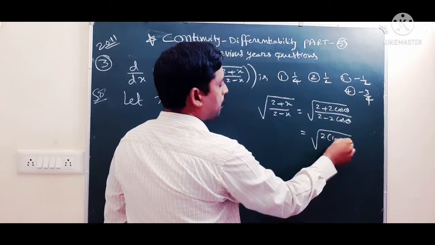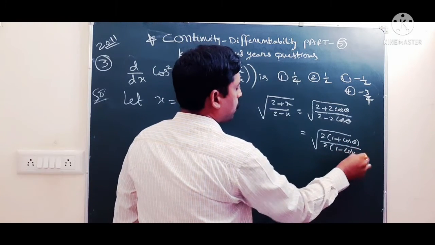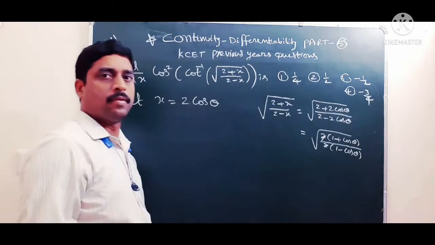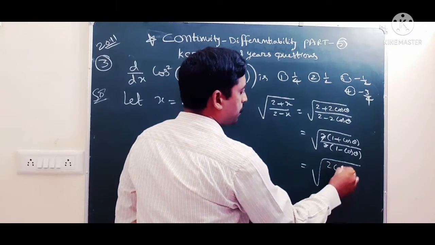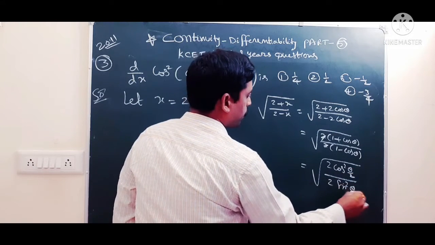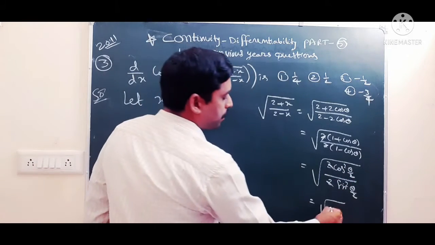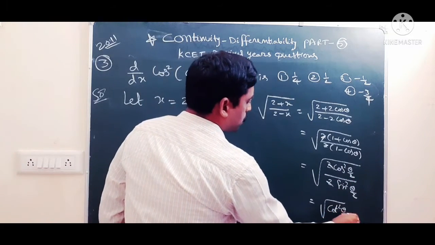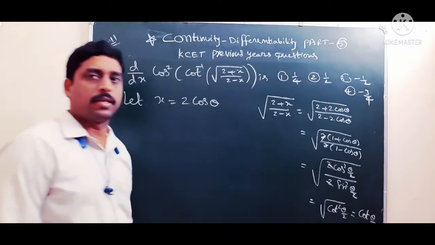Take 2 out common: 1 plus cos theta by 1 minus cos theta. The 2s get cancelled. We have the 1 plus cos theta formula, 2 cos square theta by 2, and in the denominator, 2 sin square theta by 2. So this will be root of cot square theta by 2, which is nothing but cot theta by 2.